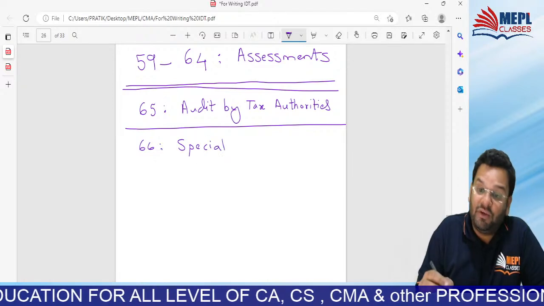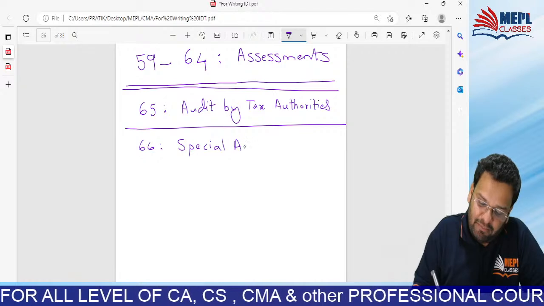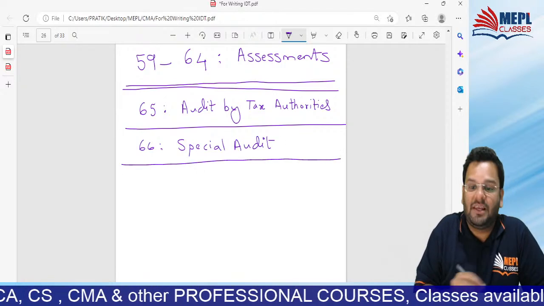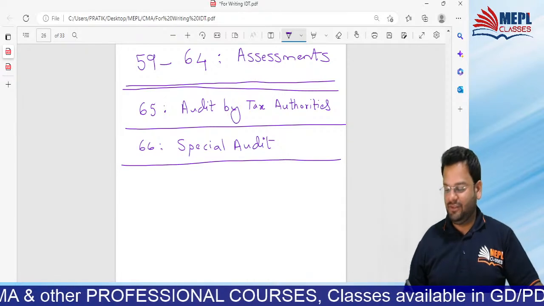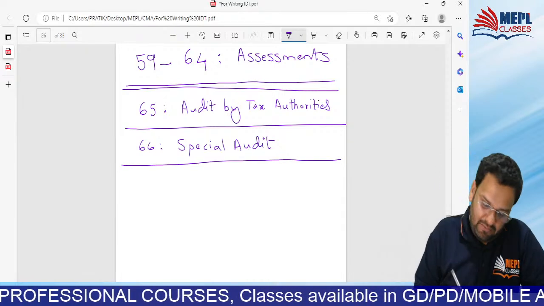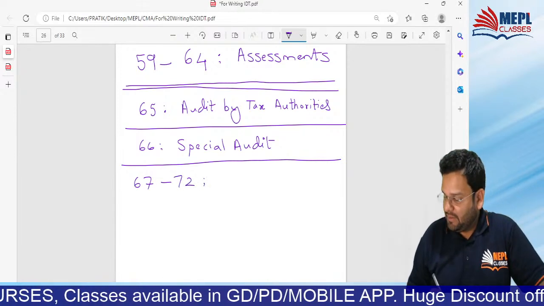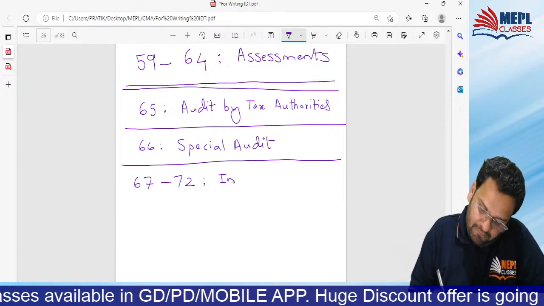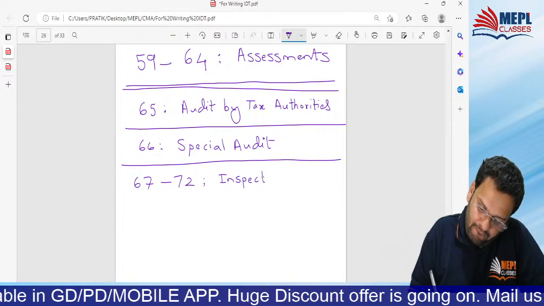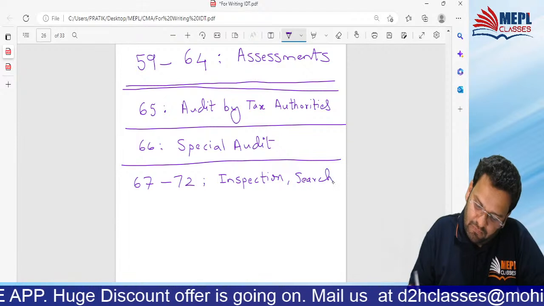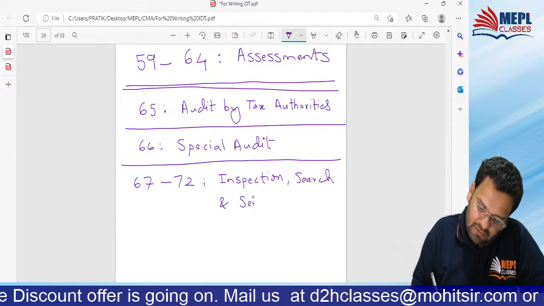Friends, we have all these things in the syllabus. So today we are just getting used to the syllabus. Special audit. Then 67 to 72 is inspection, search and seizure.